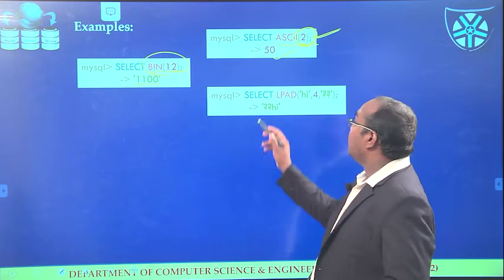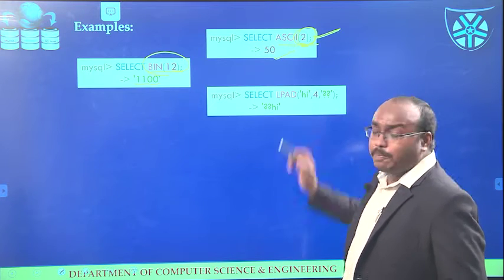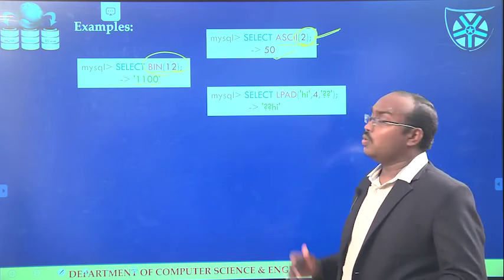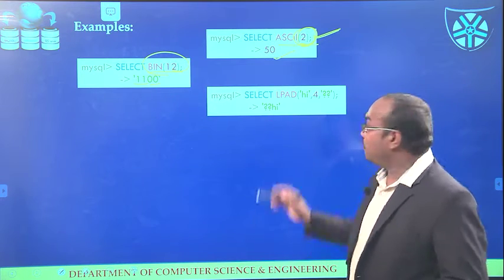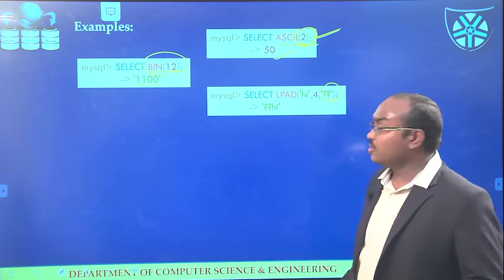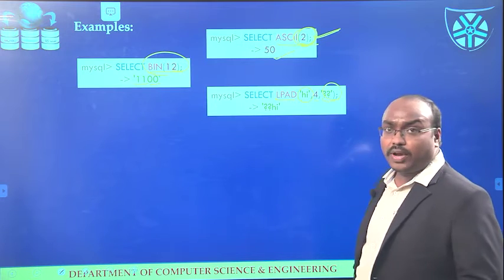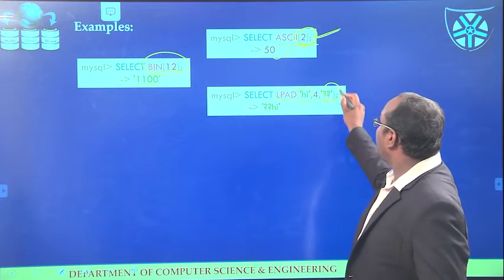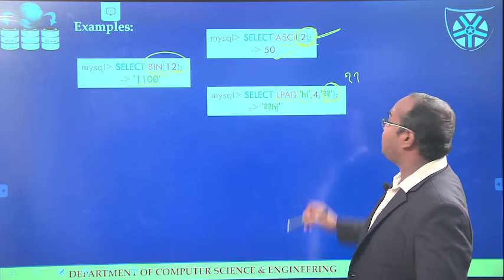And the next one, select LPAD. Here the LPAD function is used to replace the leading spaces with special characters. Here, LPAD of hi with four spaces. Here we are replacing the spaces with special symbols.